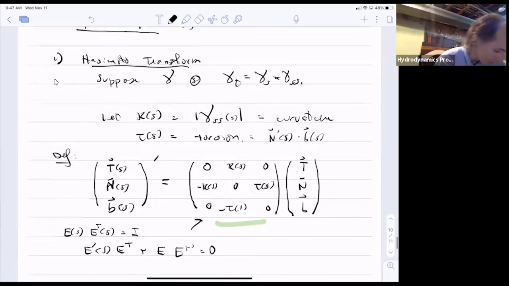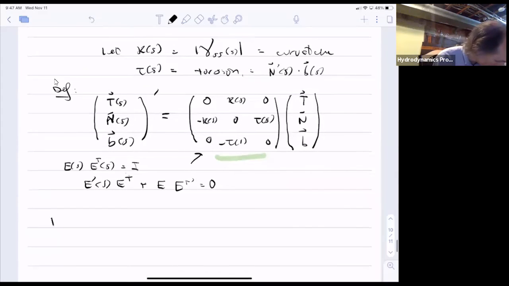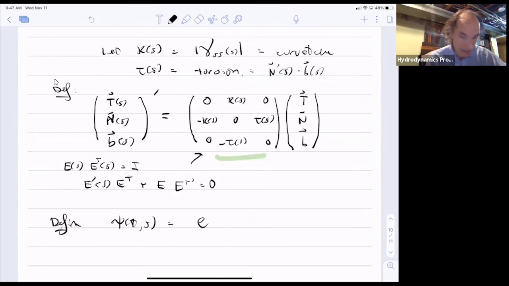I look at the curvature and the torsion, and I define a complex valued function psi of t and s to be e to the... no, sorry, it's the curvature times the antiderivative of torsion.